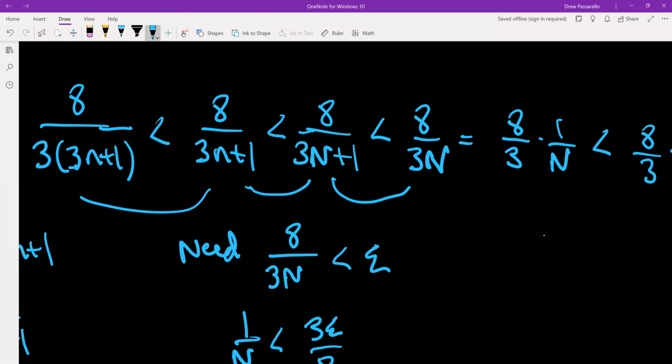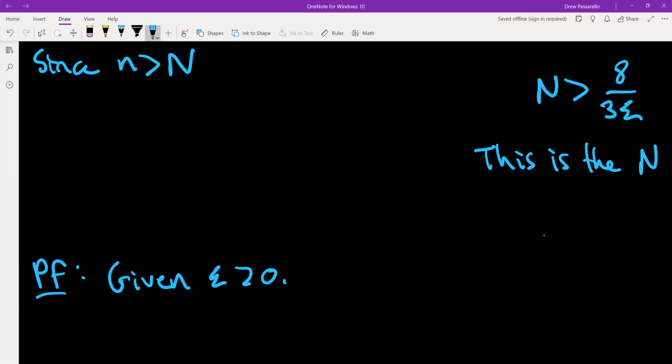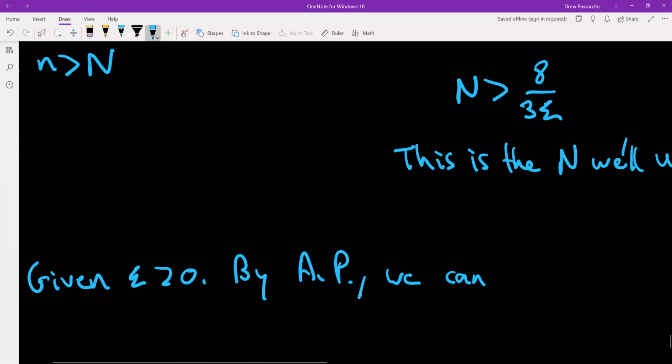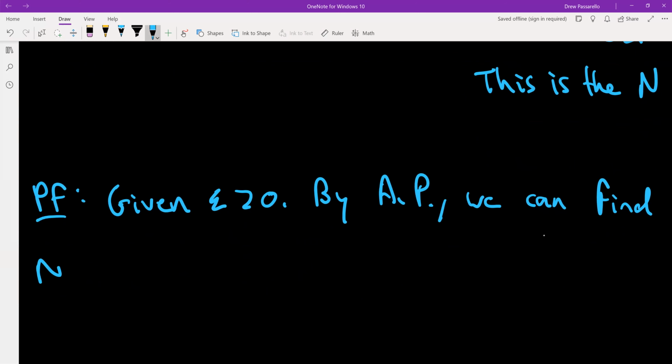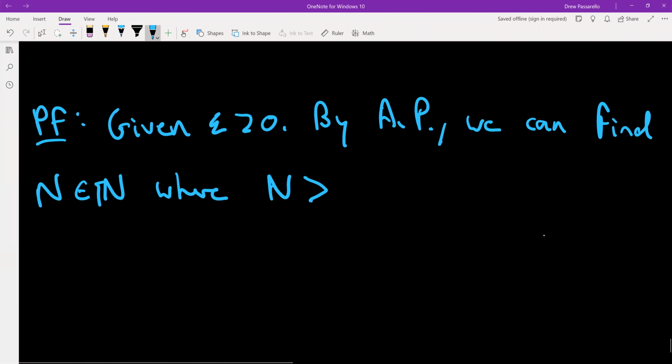All right. So now the proof. So given epsilon, by the Archimedean Principle, we can find capital N, a natural number, such that this capital N is bigger than 8 over 3 epsilon.